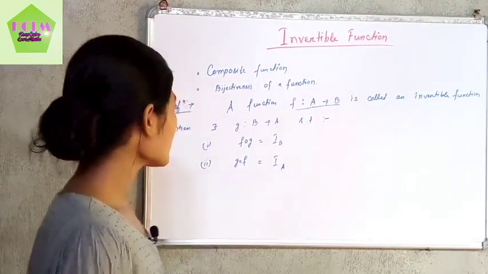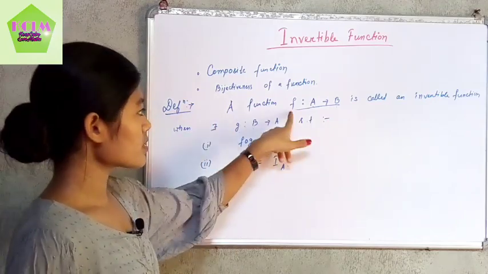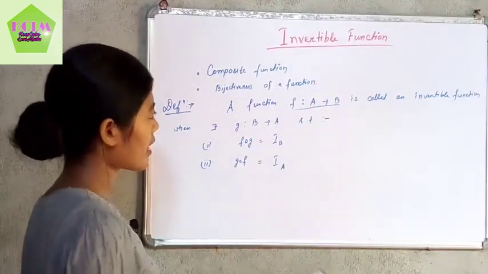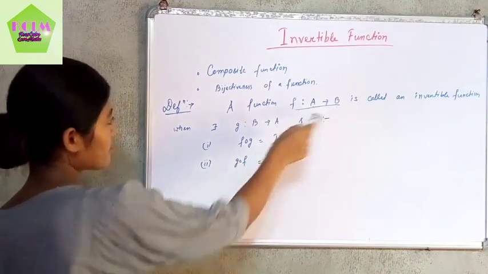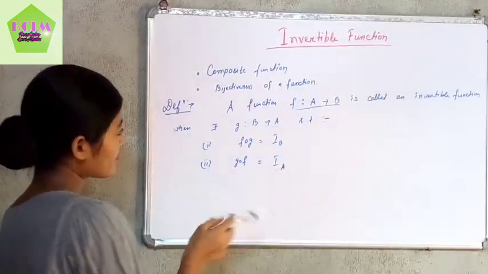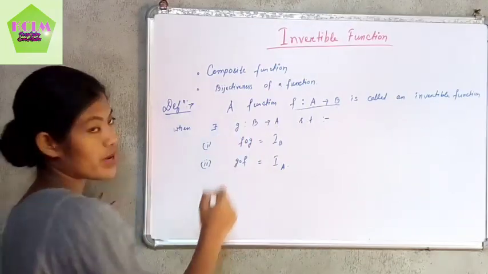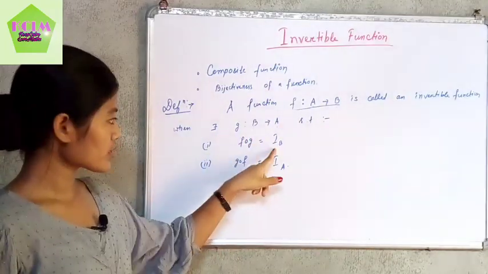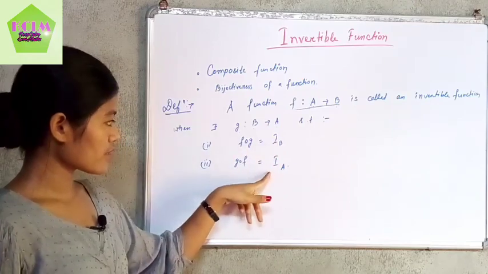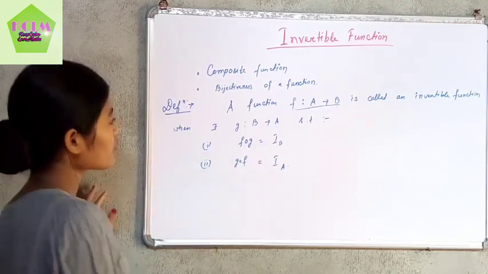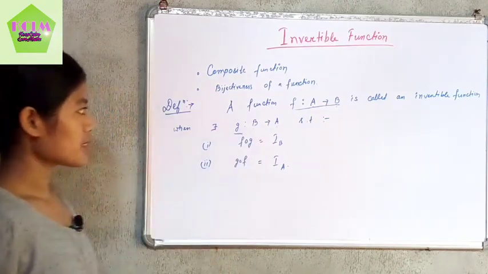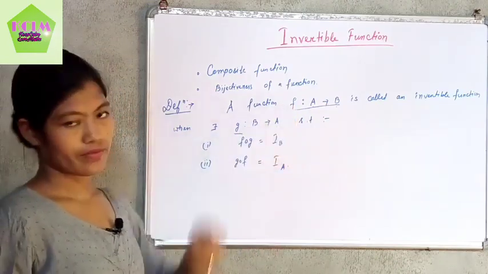So basically, whenever we take a function f from A to B, if we have another function g from B to A, and these two functions satisfy these two conditions, f o g equals the identity function and g o f equals the identity function, then only we can say that this function g is the inverse of the function f.